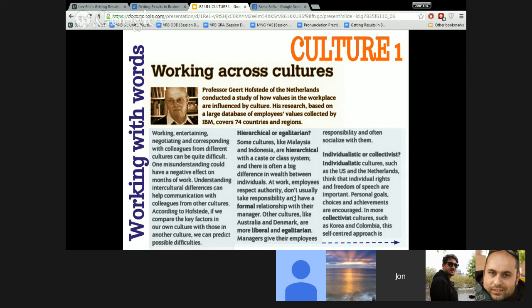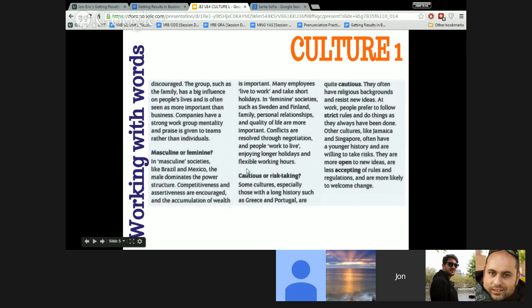In more collectivist cultures, such as Korea and Colombia, this self-centered approach is discouraged. The group, such as the family, has a big influence on people's life and is often seen as more important than business. Companies have a strong work group mentality and praise is given to teams rather than individuals.